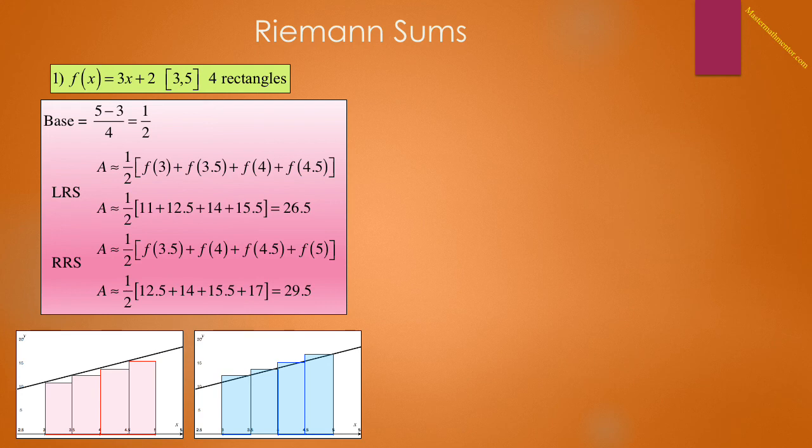We see this to be true as the shape of the area will be a trapezoid whose area is 1/2 the base, which is 1/2 of 2, times height 1 plus height 2, which is 11 plus 17, and our answer is 28.